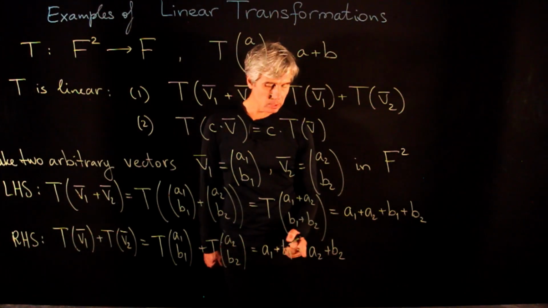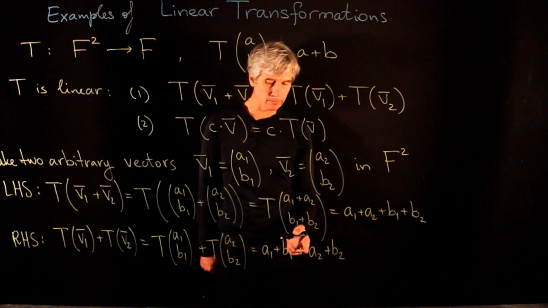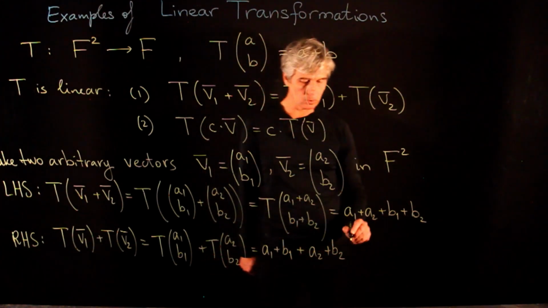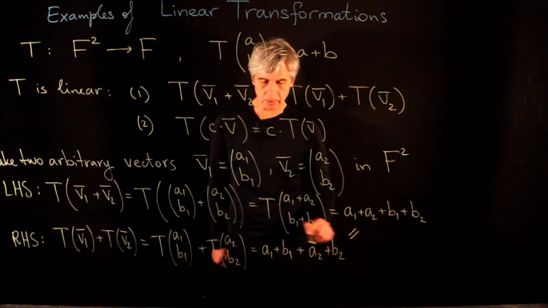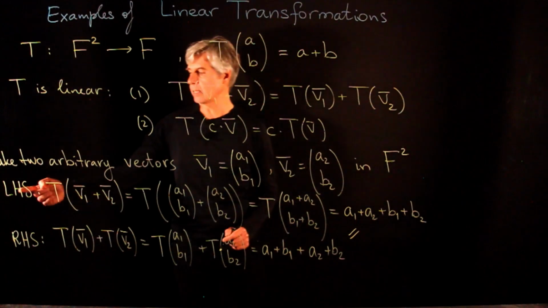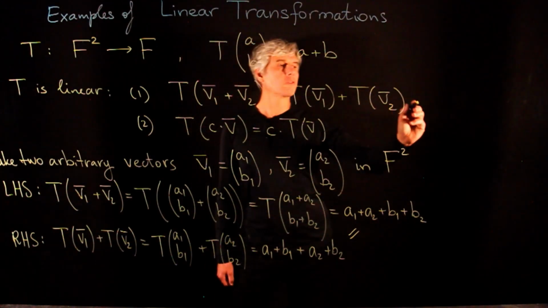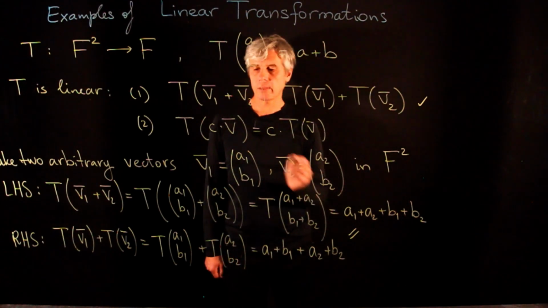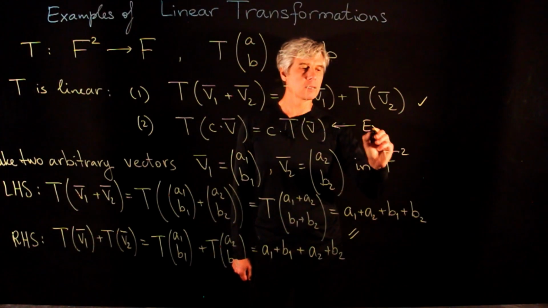Because addition in a field is commutative and associative, we have the equality here. So this sum is equal to this sum. And what we see is that the left-hand side is equal to the right-hand side, and so the first property holds. The second property I leave for you to check as an exercise.